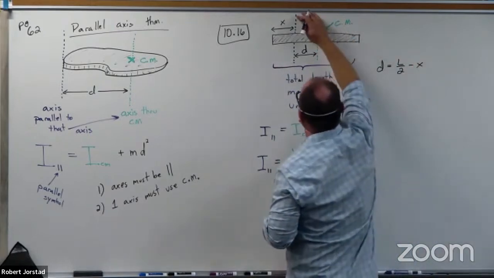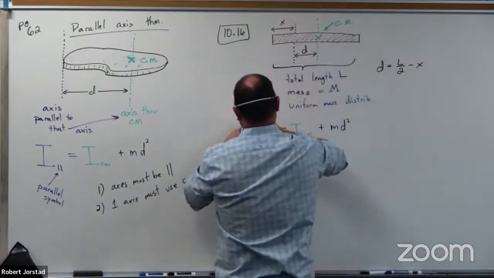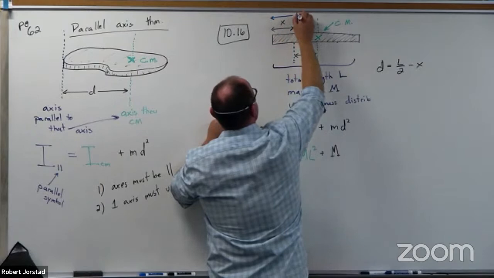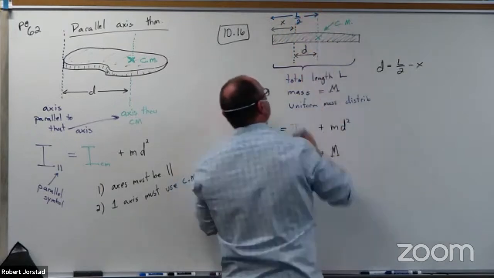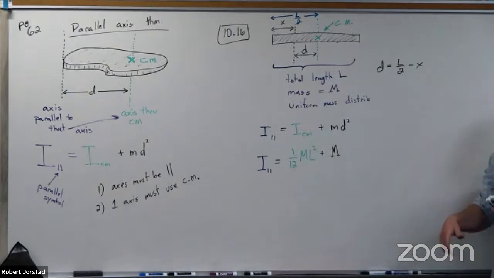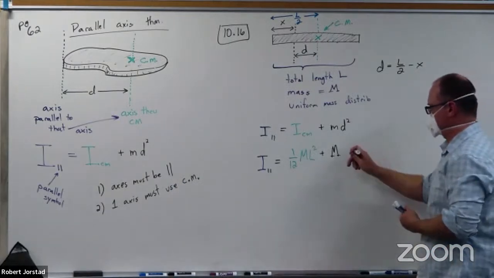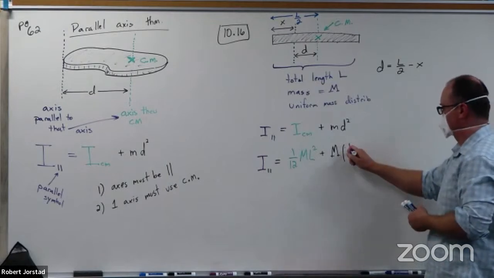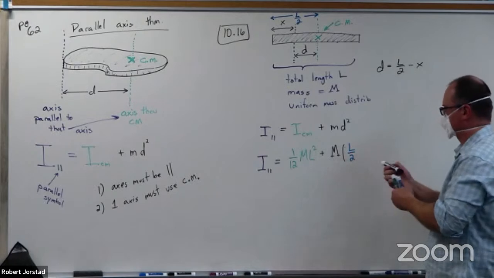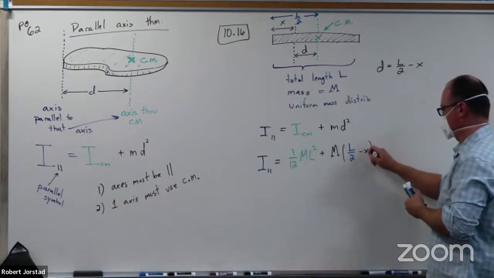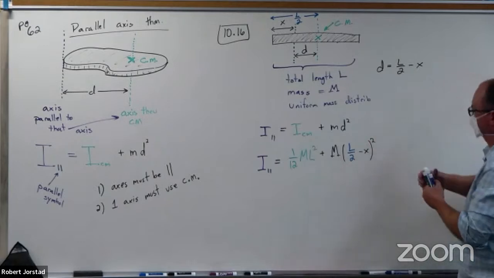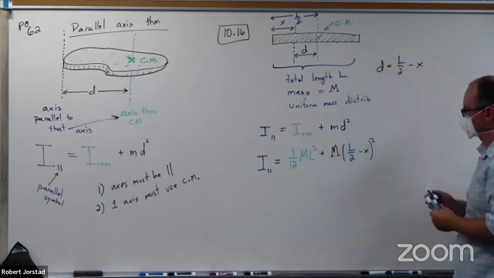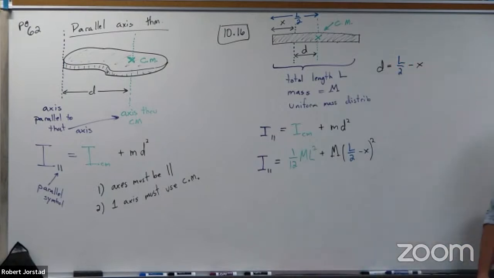This distance is L over 2. So that's the trick. You basically have to deal with the messiness of real life. And then you got to square that gobbledygook. Good. At that point, you got this.